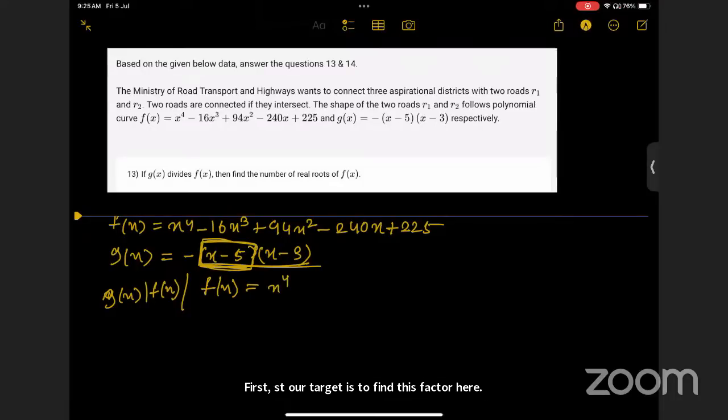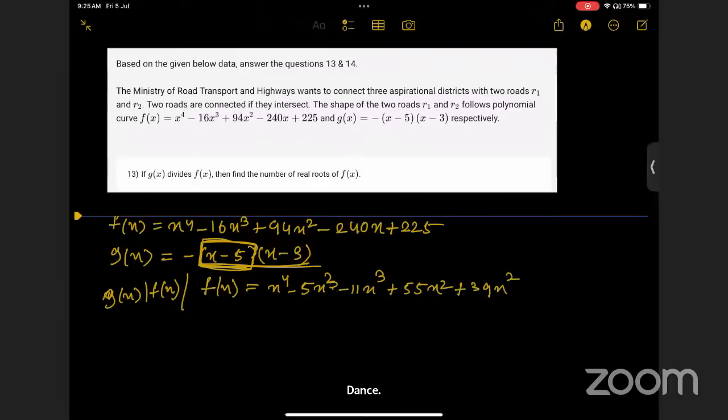So we have x to the power 4 minus 5x cubed minus 11x cubed plus 55x squared plus 14x squared minus 195x minus 45x.